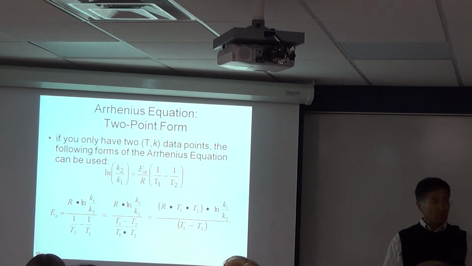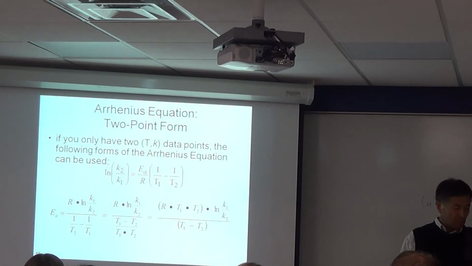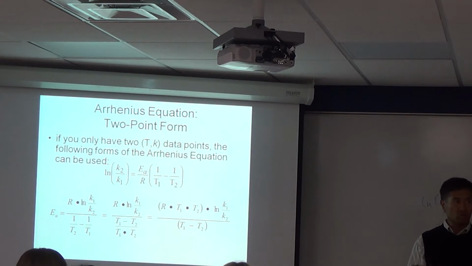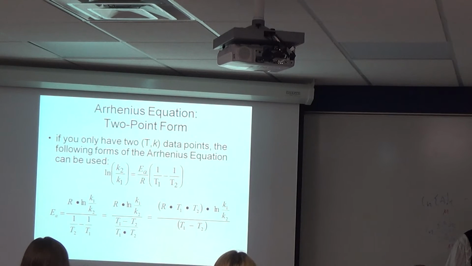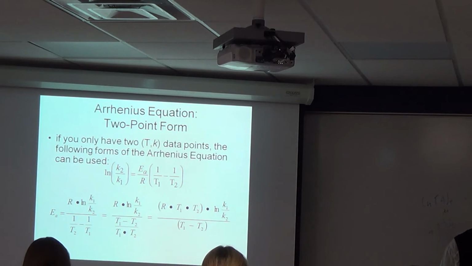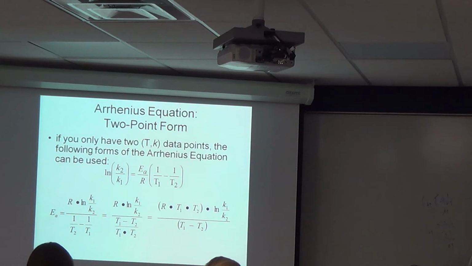But if you don't have the graph, I will usually give you two pairs of K. You will see I will give you K1 and T1, and I will give you K2 and T2. I think we don't have to worry about those detailed algebra.